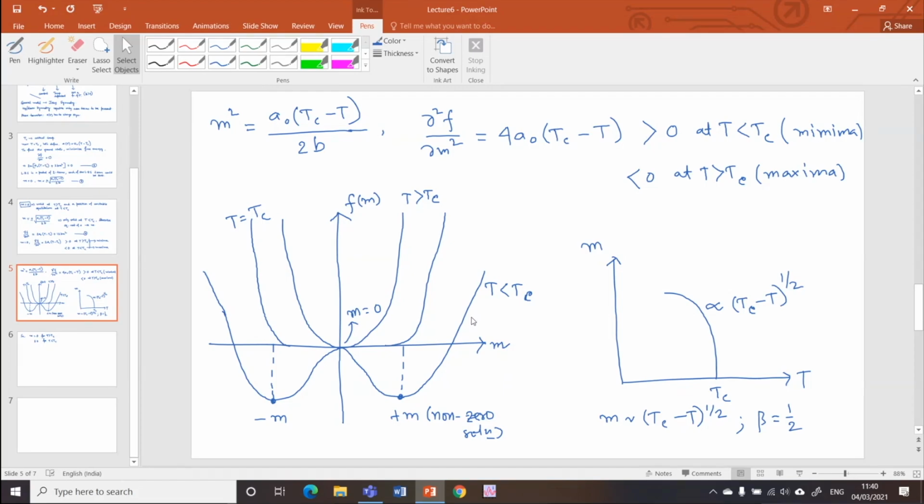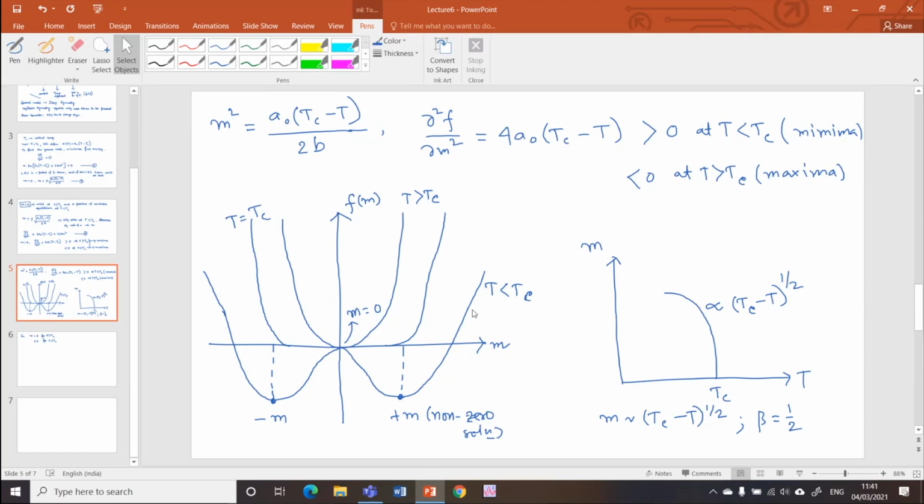Keep in mind that T equal to 0 Kelvin, the absolute zero temperature, is always a very special point, because it is very difficult to achieve experimentally.